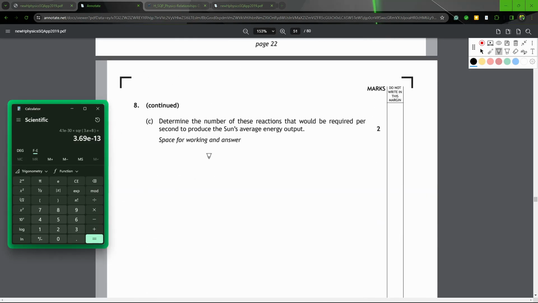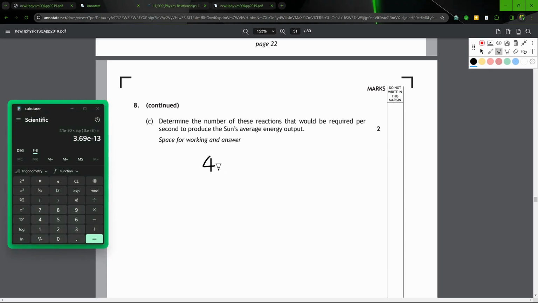So all we need to do here is divide that huge number by this really small number to get a really, really big number. Because it's joules per second, and this is the amount of energy one reaction would produce, dividing the joules per second by it gives how many reactions are needed per second.